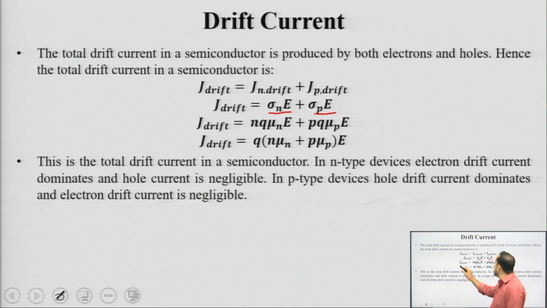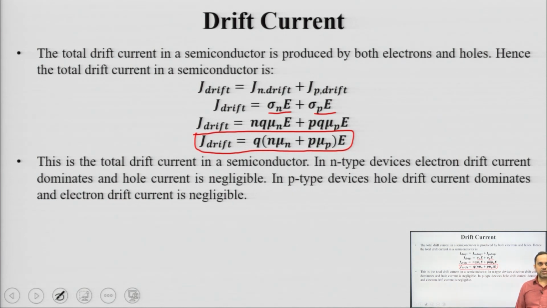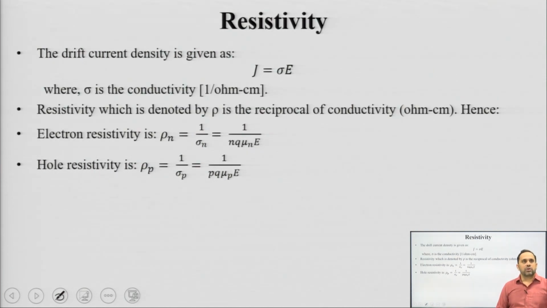So, this is the total drift current in a semiconductor. In an n type device, obviously electron drift current will dominate, and in a p type device the hole drift current is going to dominate. So, this is your complete drift current density, J equal to sigma E.